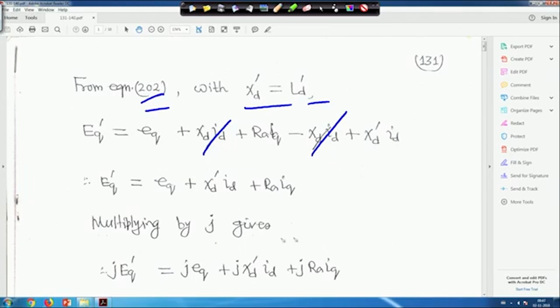Now, if you multiply both sides by j, the complex operator, it will be j E_q dash equals j E_q plus j x_d dash I_d plus j R_a I_q.